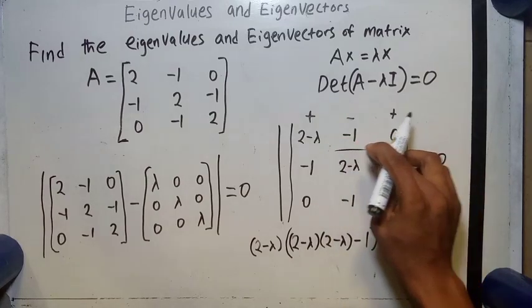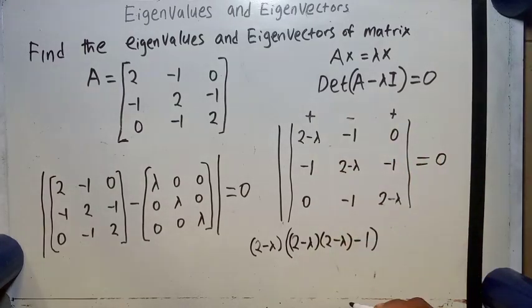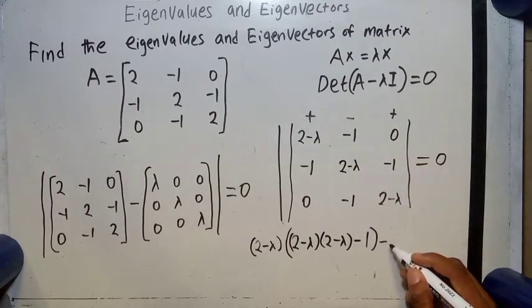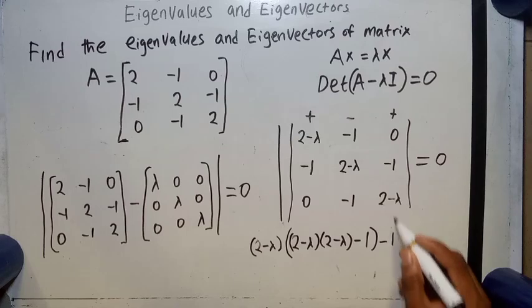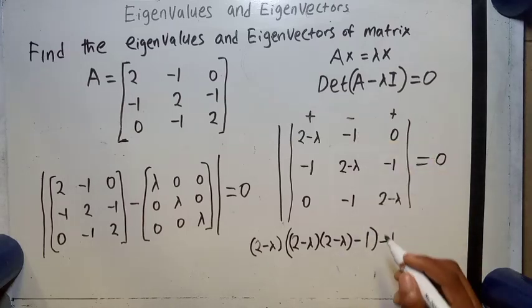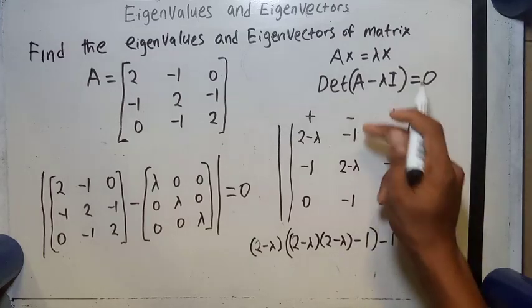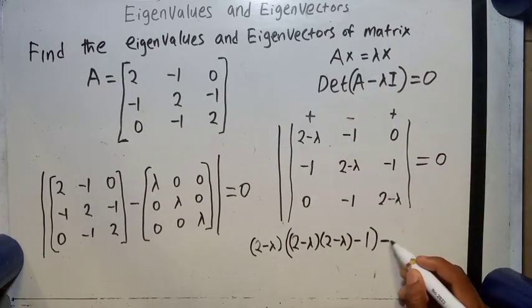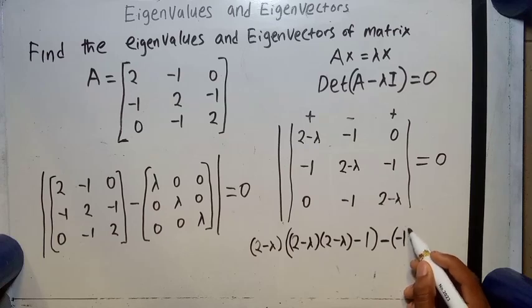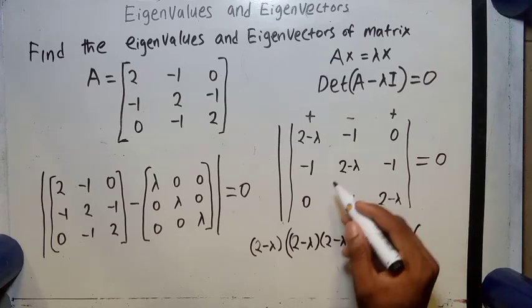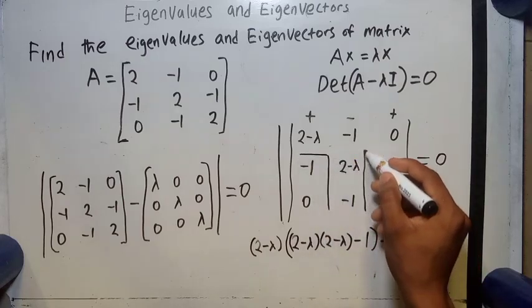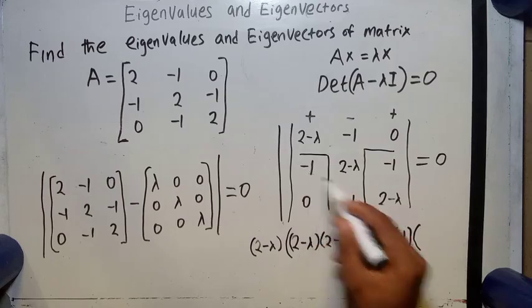Then we move over to the next one, minus 1. It's going to become plus now. This is minus 1 minus the minus 1, then multiplied by everything that is not in its row and column.